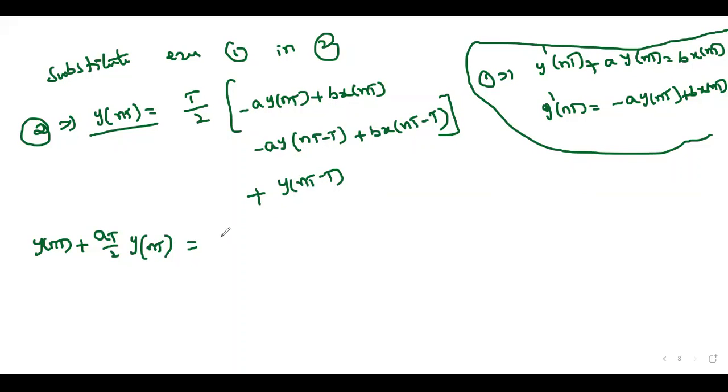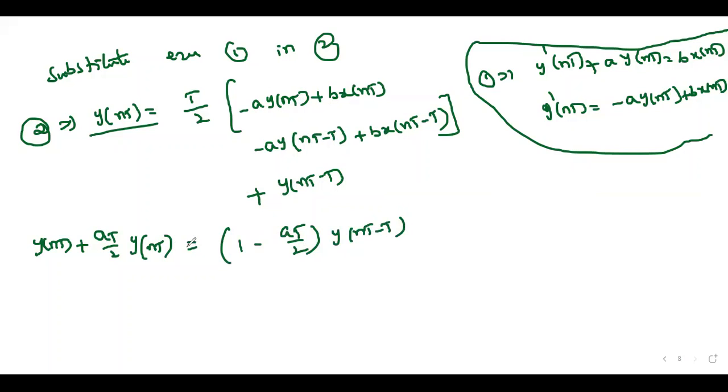Therefore, two terms are there. First, I will write a positive term, this coefficient. Then next is this coefficient, that is minus at by 2 into y of nt minus t.